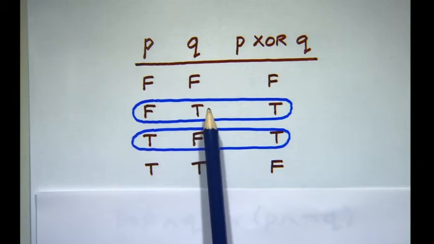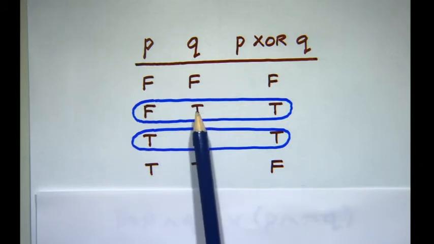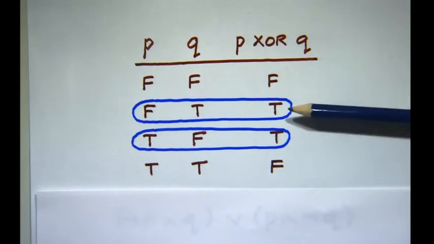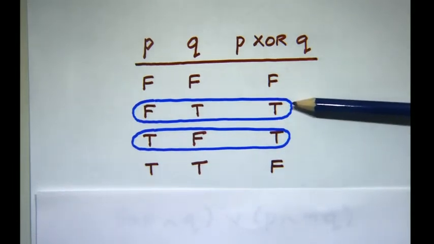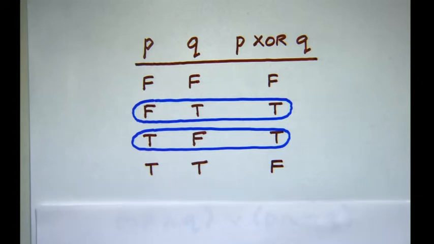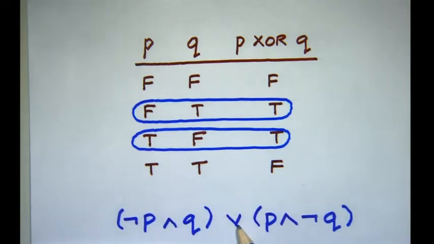So I've now used all three words, or, and, not, and perhaps you can see how I can now read off from the table one formula. So the whole formula is: we're in this row, or we're in that row. There it is, there's that or. And this first part says we're in the second row, okay?